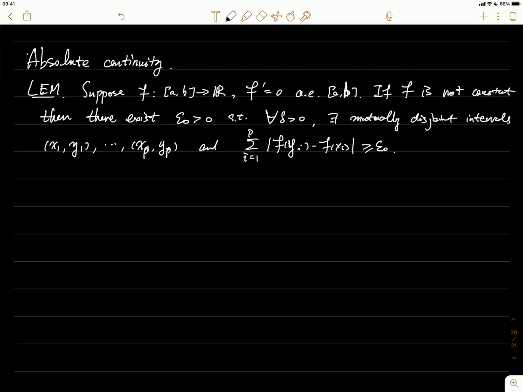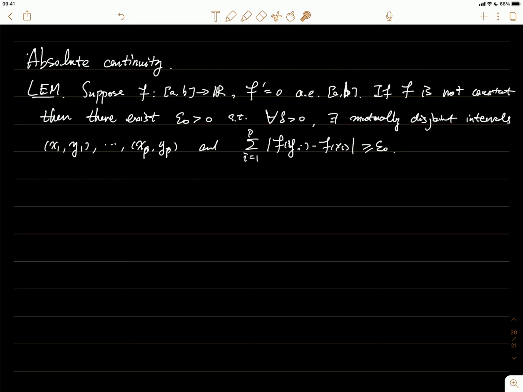Okay, so let me repeat. It says that if a function is defined over the interval ab, and the derivative exists, then it's equal to 0 almost everywhere. Suppose that f is not constant. We know that it could happen that the function f doesn't take a constant value.